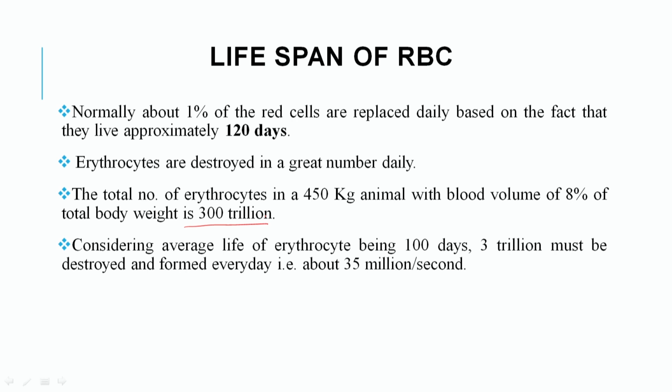The total number of erythrocytes in a 450 kg animal with a blood volume of 8% of total body weight is around 300 trillion. Considering the average life of an erythrocyte being 100 days, 3 trillion must be destroyed and formed every day. That is about 35 million per second that need to be destroyed and formed.